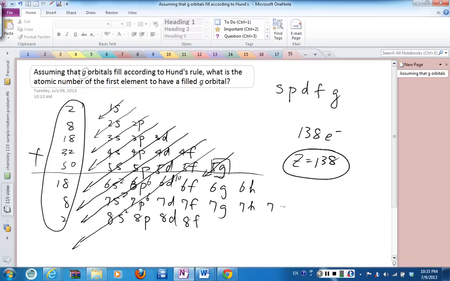So element number 138 would be the first one to have a filled g orbital, if it exists, and if the electrons do fill according to our Aufbau principle and Hund's rule.